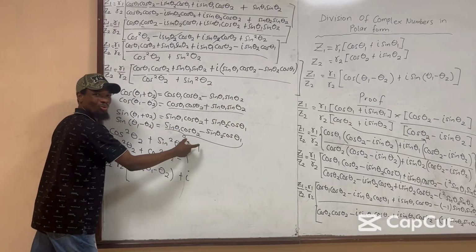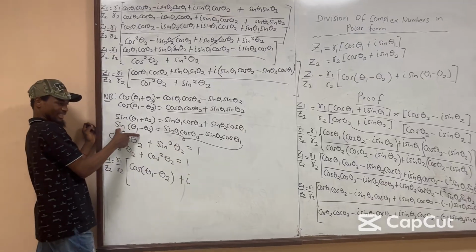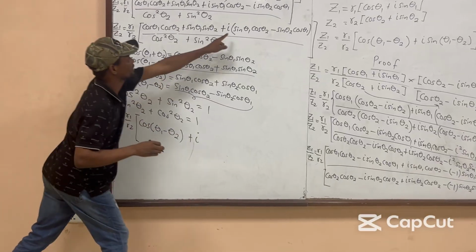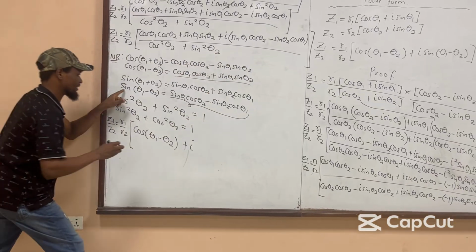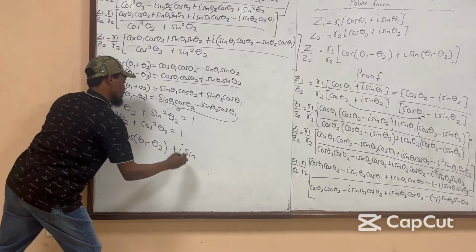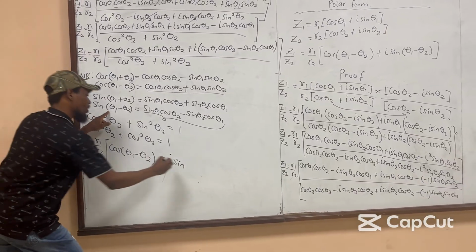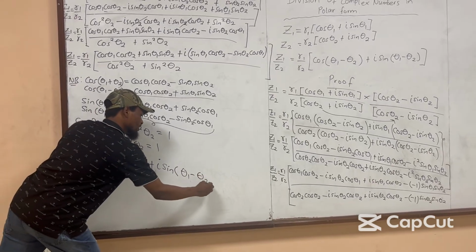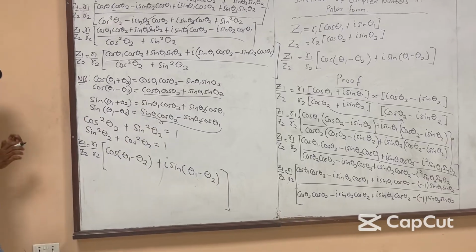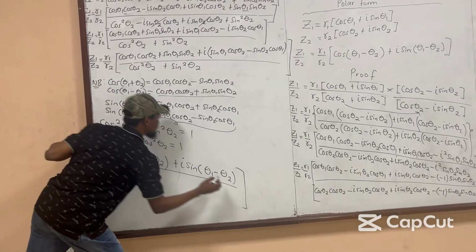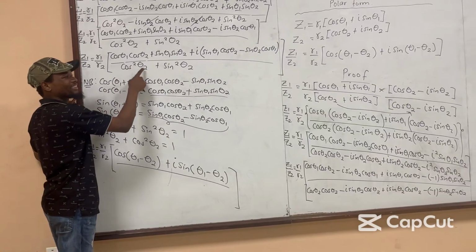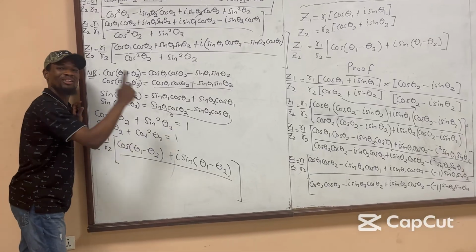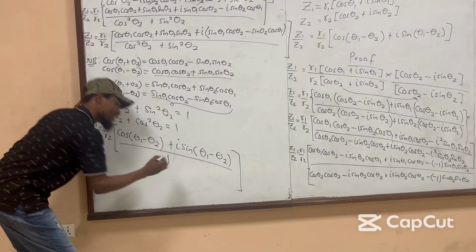Writing the whole of this would be complicating, so I can just write this instead because they are the same. So I have plus i sin theta 1 minus theta 2, all over cos squared theta 2 plus sin squared theta 2, which is the same as 1.